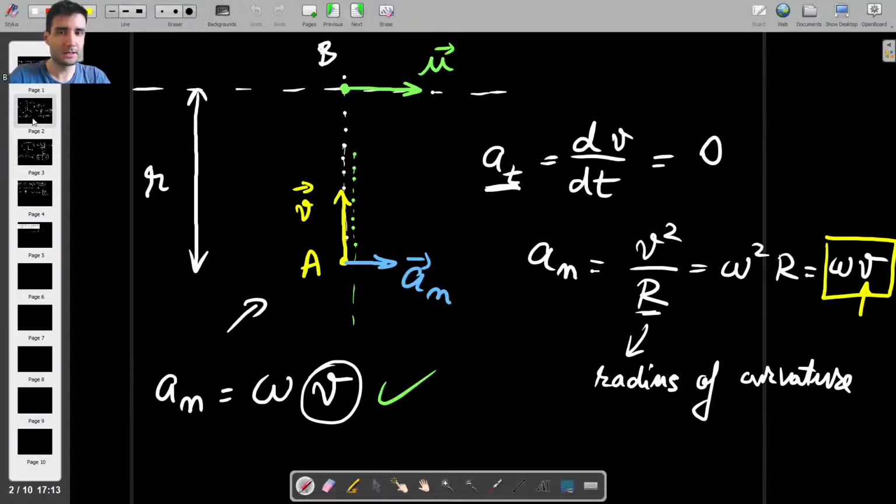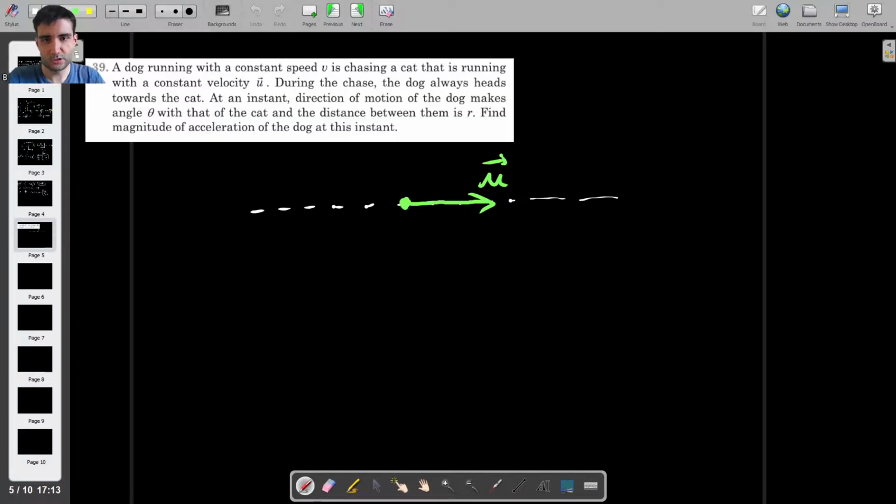But rather than looking at what happens when the two directions are perpendicular to each other, let's look at what happens with the acceleration of the dog when the direction of the cat and the direction of the dog make a random angle theta. So let's say that in this case, you've got the velocity v being pointed like this, and you've got this angle here being theta, which is the same, by the way, as this angle.